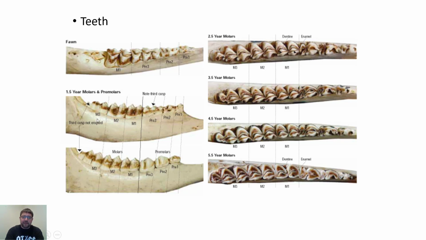Okay, even in a year and a half old deer, you might see all the molars, but they're not completely cusped. So the third cusp has not come out yet. After that year and a half, moving into the second year, then you'll see that third cusp. Okay, all the molars will be present and the premolars will be present.